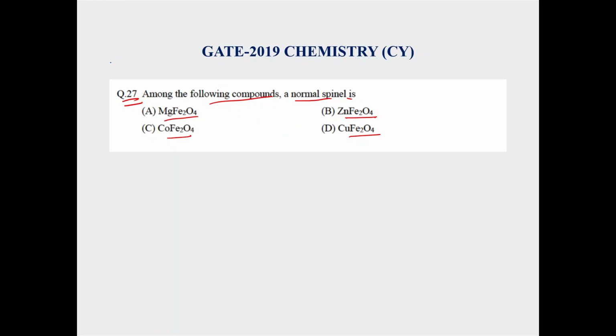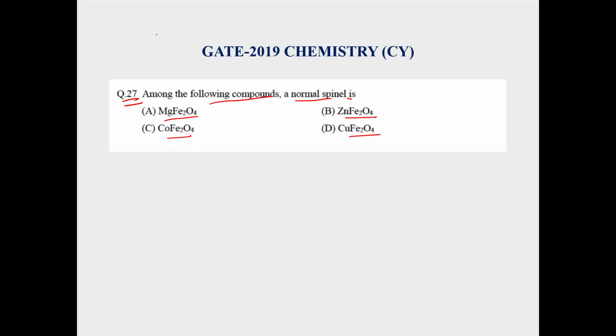So if we are having A, B2, X4 type of complexes, where A is one metal, B can be the same metal or a different metal, metal number two, and X can be oxide or sulfide.